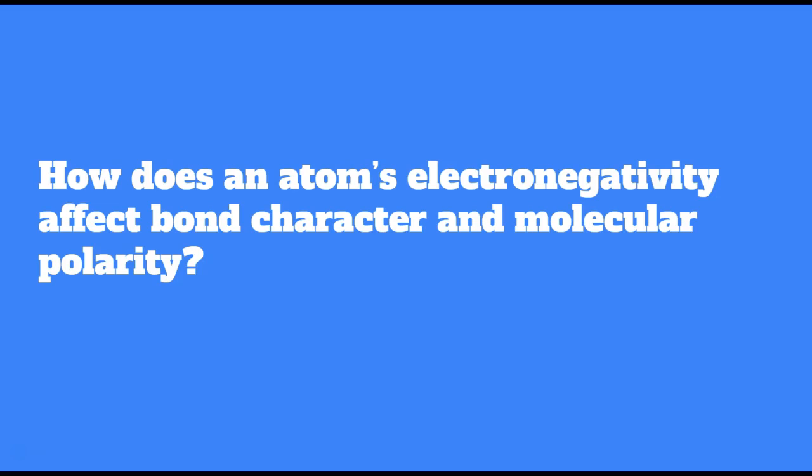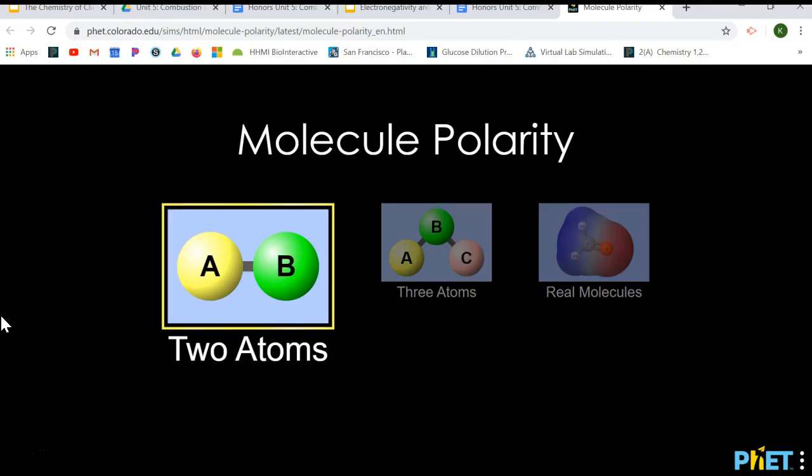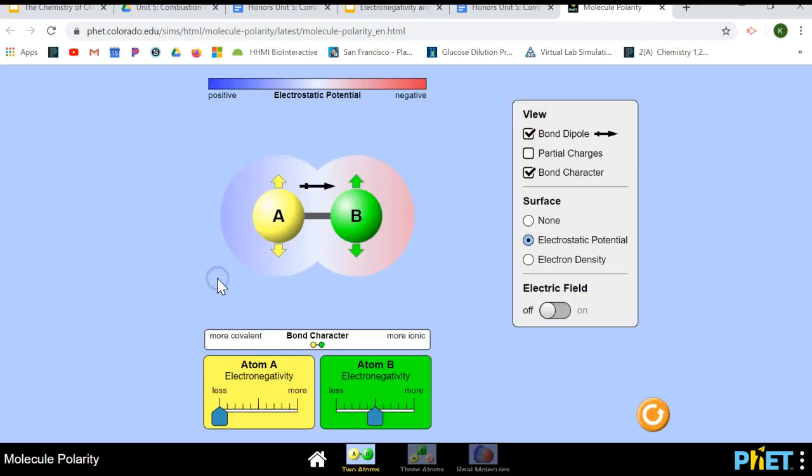So in order to do that, you're going to be exploring a simulation. The simulation you're going to be working with is a PhET simulation that explores a molecule's polarity. So I'd like you to click the window that allows you to get into two atoms. You are going to probably get a screen that looks like this, where it doesn't have any of these values.